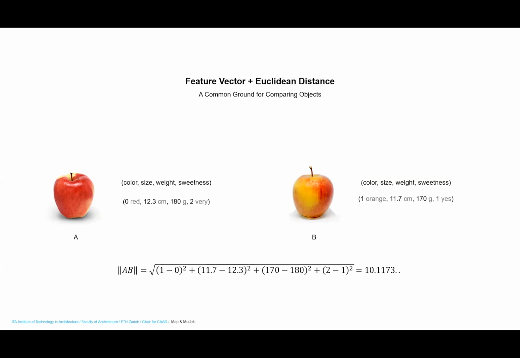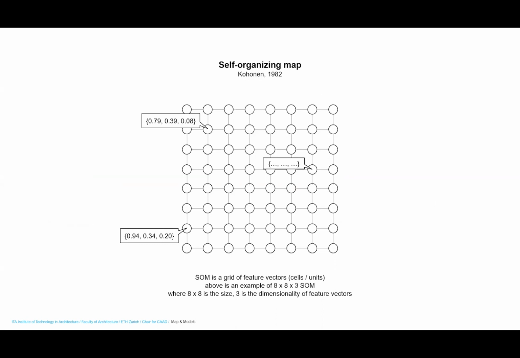Today, in the self-organizing map, all of them are included in its mechanism. Let's see what a self-organizing map is. Later I will call it SOM, because it's difficult for me to pronounce. So what is SOM? It's actually very simple. SOM was invented by Kohonen in 1982. It's a grid of feature vectors.